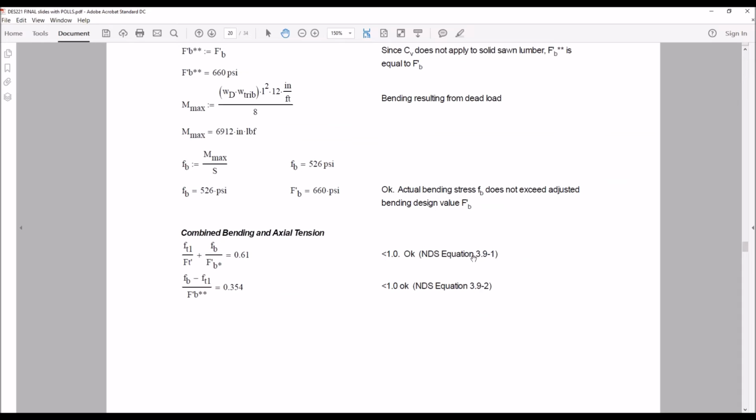These interaction checks just come from equations 3.9-1 and 3.9-2, and they both need to be less than 1. And in this case, they both are less than 1, so that's good. So we're okay.